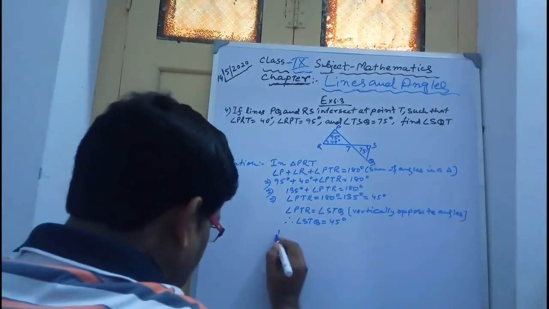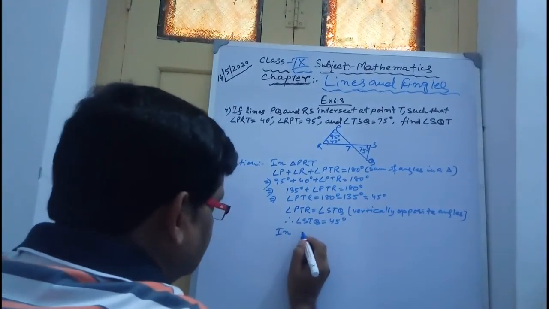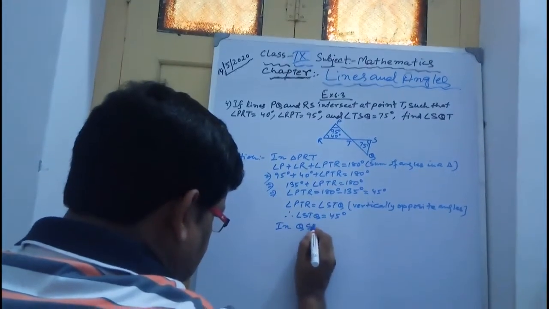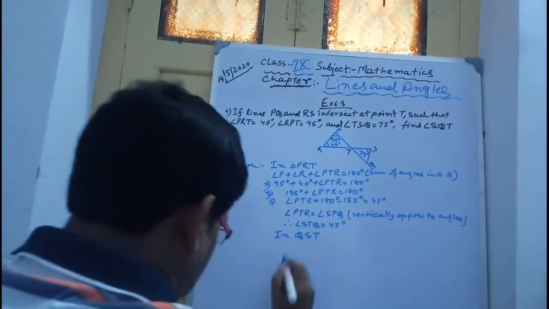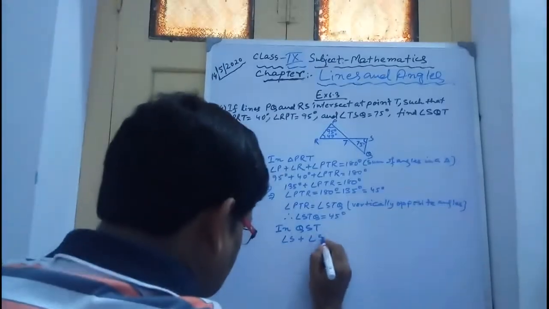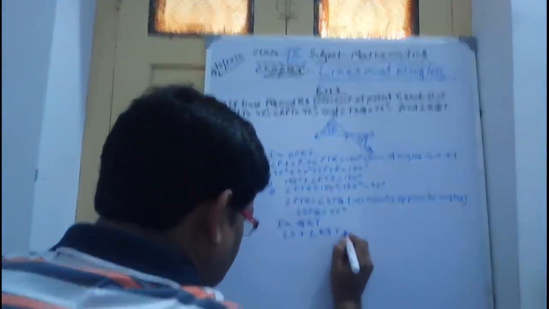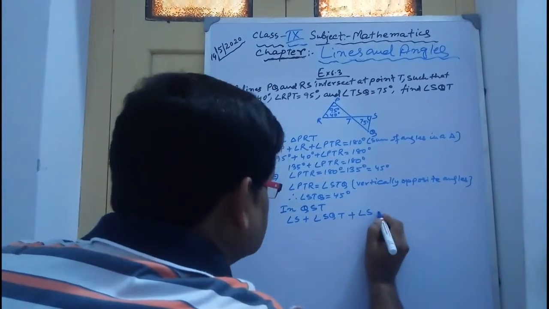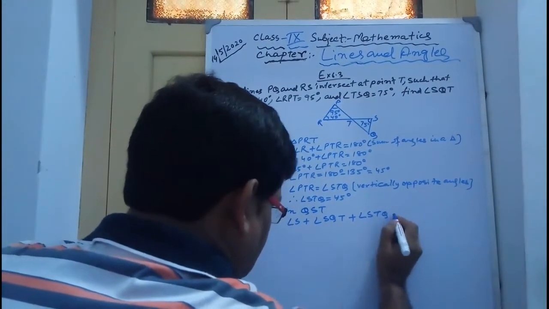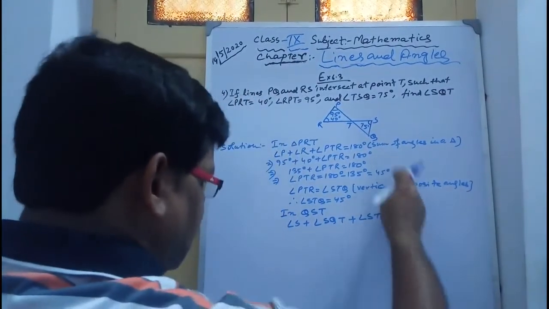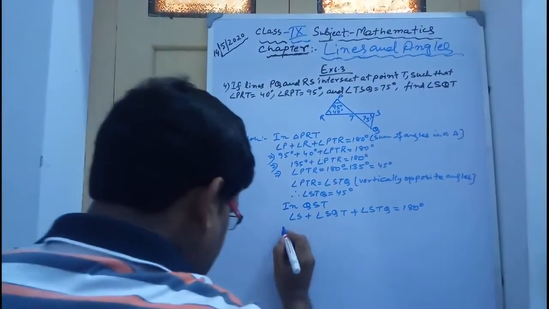So in triangle QST, angle S plus angle SQT plus angle STQ equals 180 degrees, the sum of angles in a triangle.